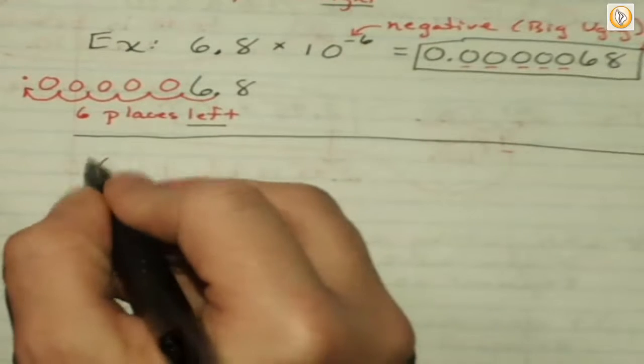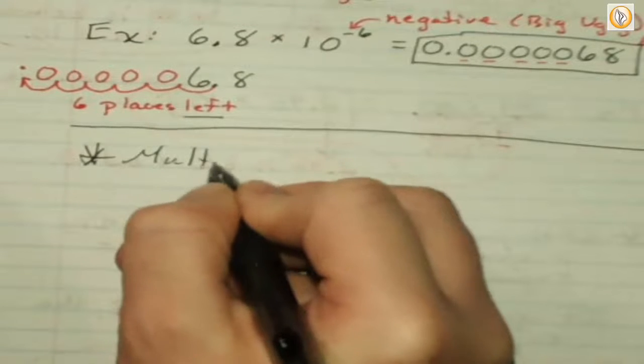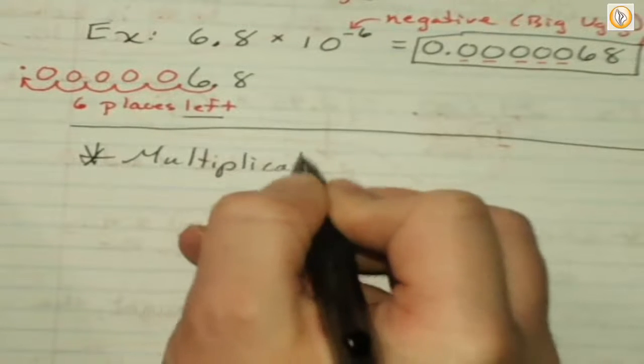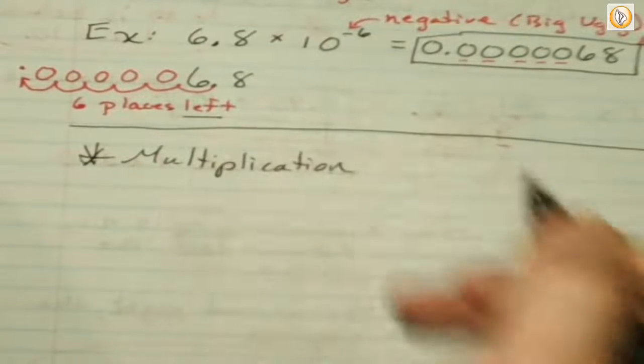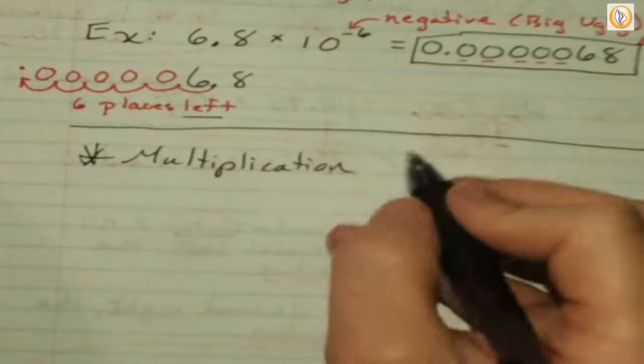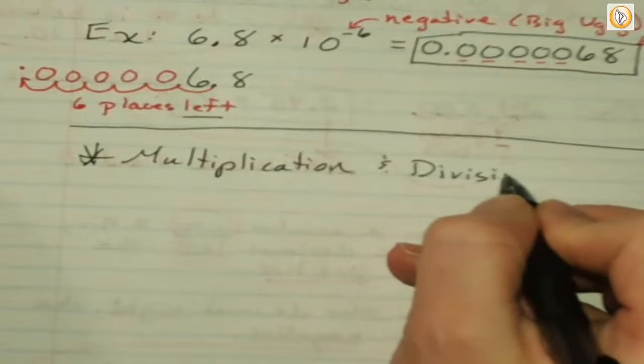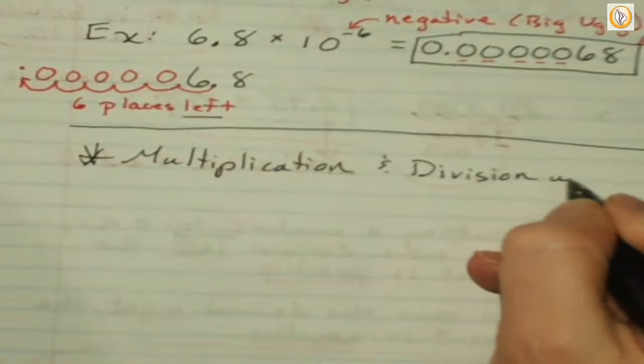Okay, moving along. Now we're going to talk about multiplication and division. So you've learned about scientific notation, how to put it into scientific notation, how to take it out. Now you're going to be multiplying and dividing in scientific notation.